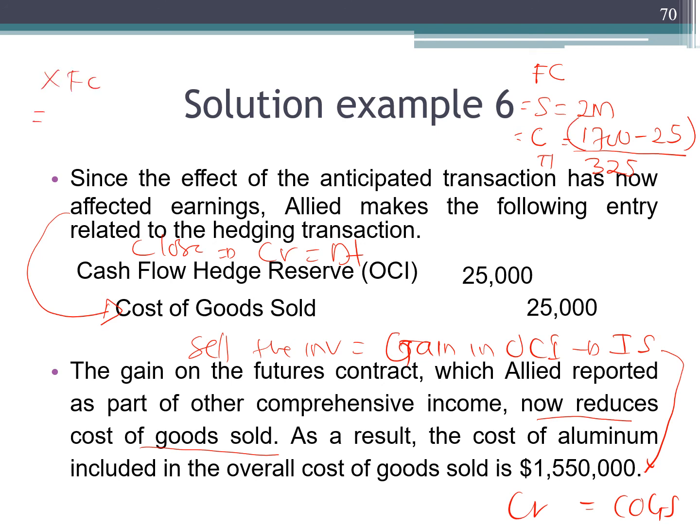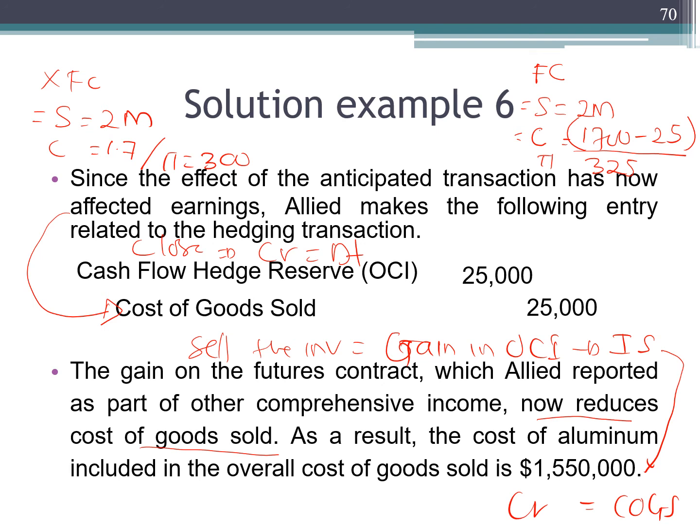Without a contract, the sales is 2 million, and the COGS remains at 1.7, so the gain is only 300,000. So by entering the future contract, you receive more gain because the contract has eliminated the increase in the value of the aluminium inventories.